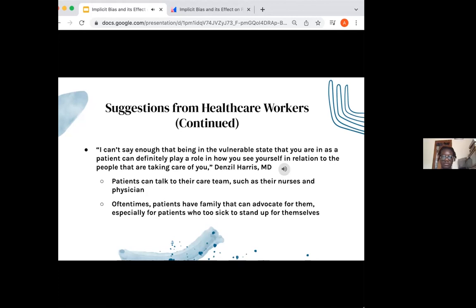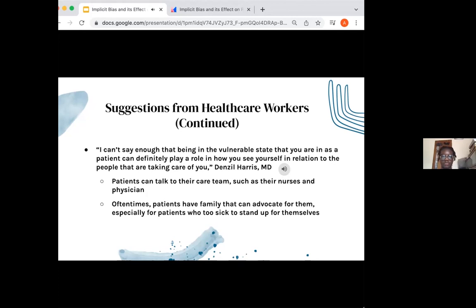For one example, I've had conversations in the past with patients who felt that they weren't getting the best care that they deserved. And my way of advocating for them, not just listening to them and taking in their concerns, was to inform them about the patient advocacy office in the hospital, and making sure that they knew that they had that means outside of the care team to speak with someone that could address their concerns.